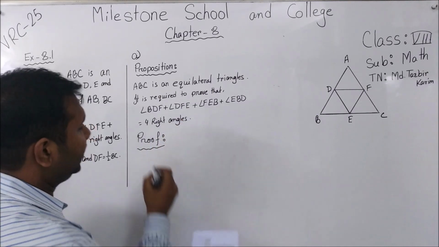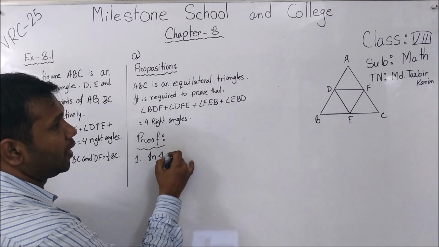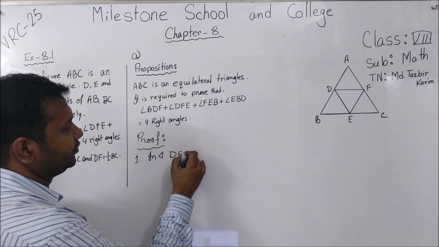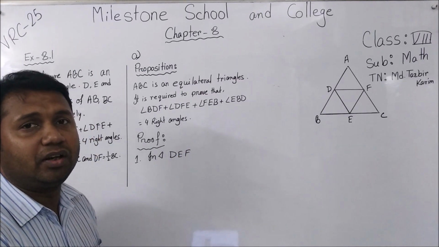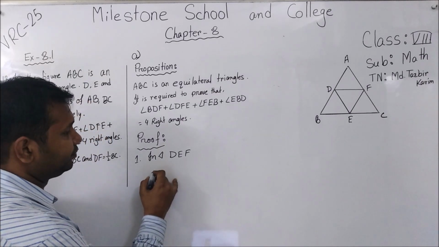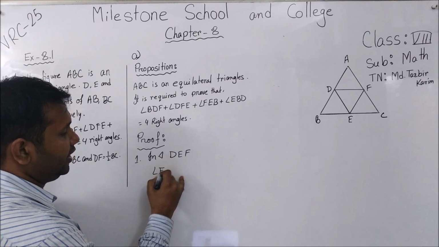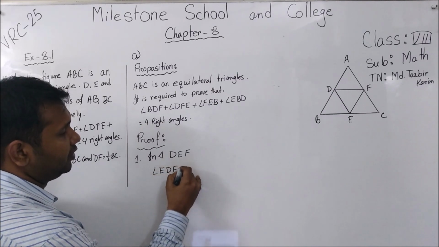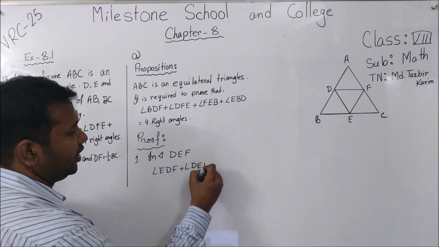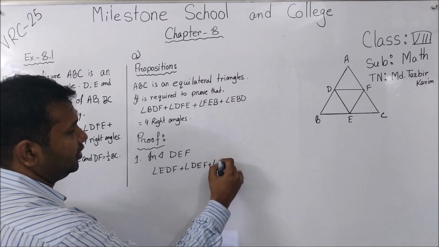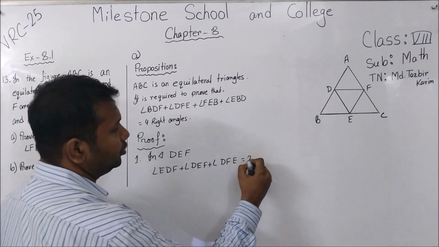In triangle DEF, we know the sum of three angles of a triangle is two right angles. So we can write angle EDF plus angle DEF plus angle DFE equals two right angles.